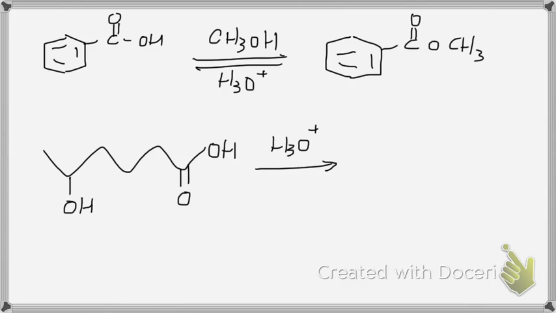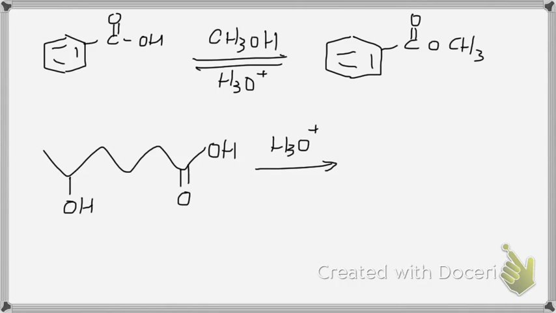And another tricky question here. So in this next molecule, it has two functional groups. One is a carboxylic acid. The other is an OH. And we know OH can react with the carboxyl group, right?